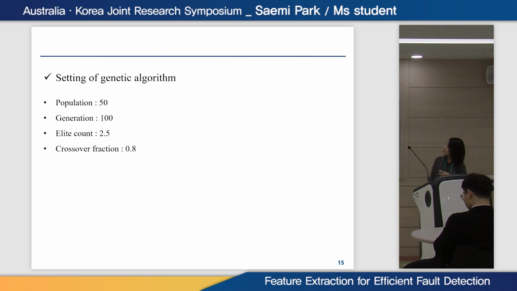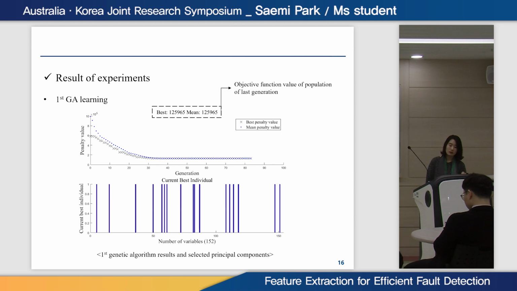These are the settings of the genetic algorithm. You can see the first learning using the genetic algorithm. The upper picture shows the objective function value of each population of each generation, and the lower picture shows the selected components.